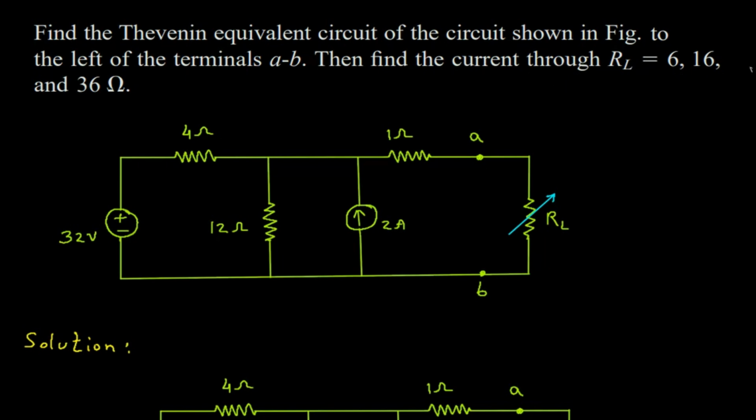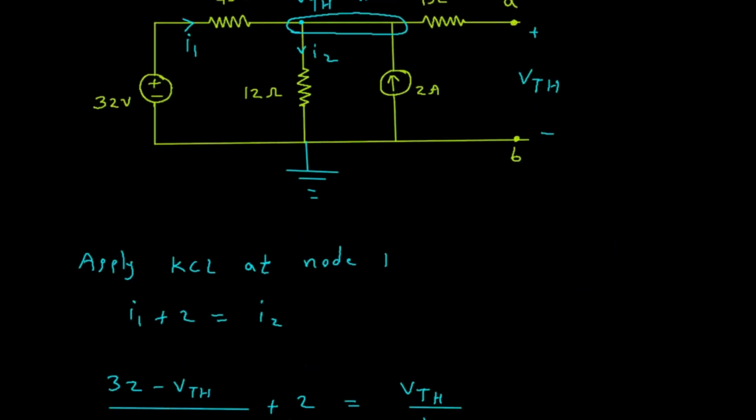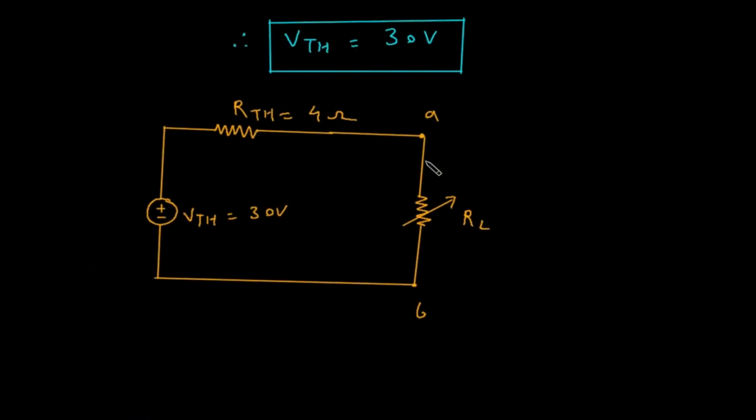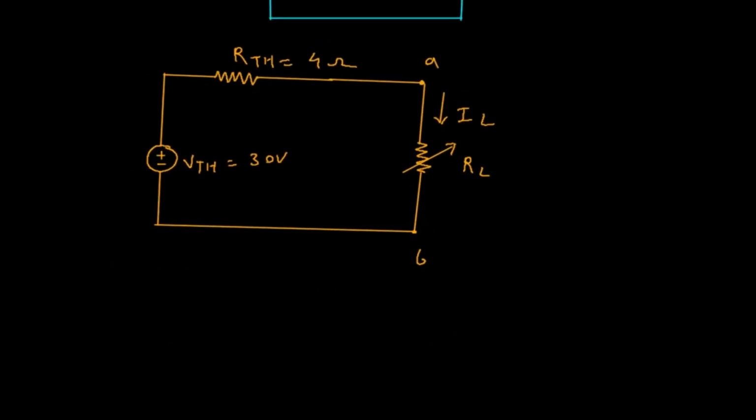When RL is equal to 6, 16 and 36 ohm, we have to find this IL. So IL is equal to VTH by (RTH plus RL).